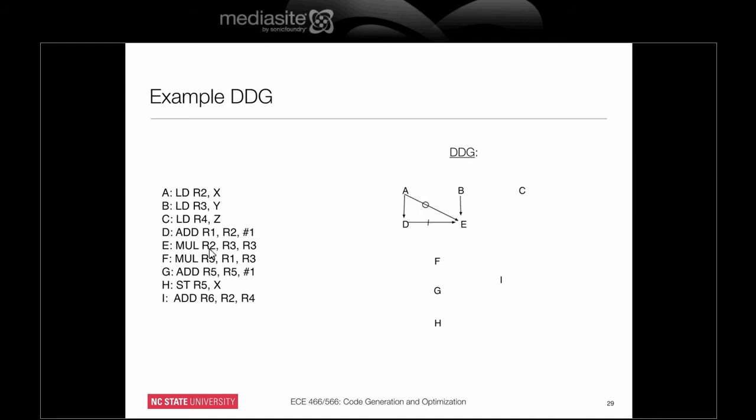And so we'll need to add those edges, and there's also an output dependence between A and E. Okay, so we added the true dependence from B to E, the anti-dependence from D to E, and the output dependence from A to E. Okay, moving on, we can look at F. F uses the result from D, and so there'll be a true dependence there, and it uses the result from B, and so there'll be a true dependence there. And so we can add those two edges in.